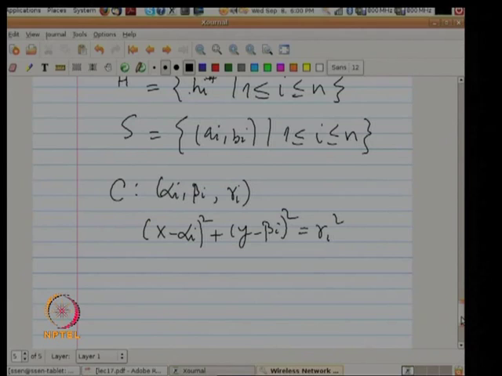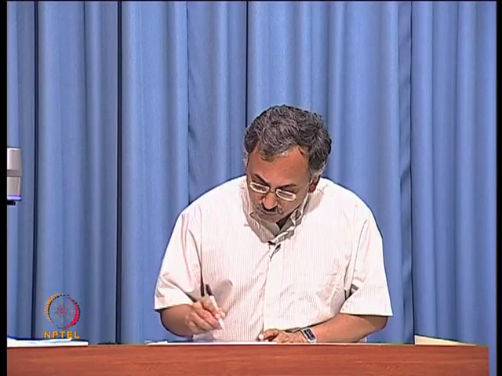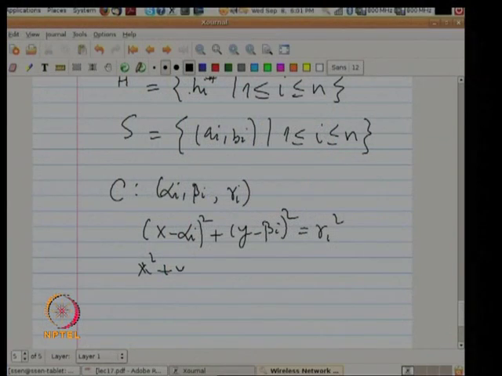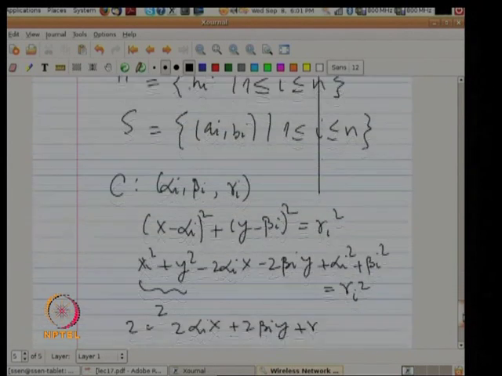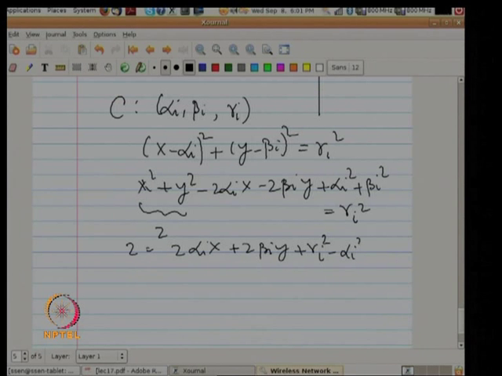And if the point x, y lies inside the circle, you replace equality by less than or equal to. If it lies outside, it becomes greater than or equal to. So, now if I open it, and if I replace this with the variable z, then you can write it as follows.